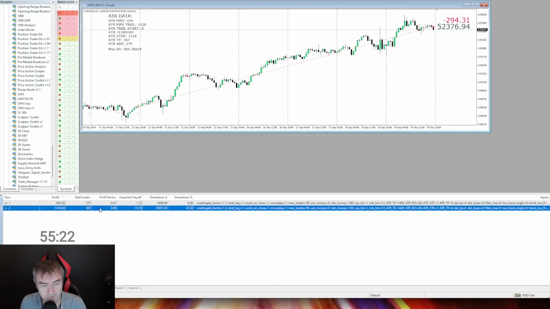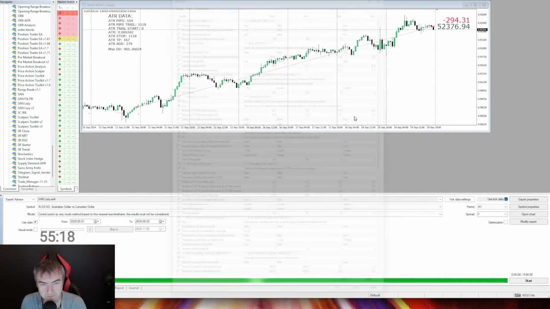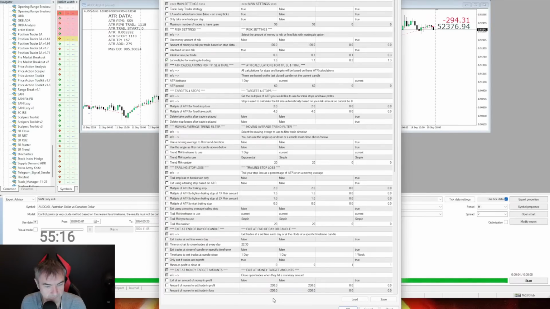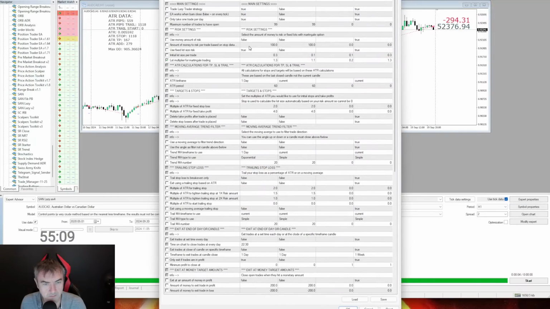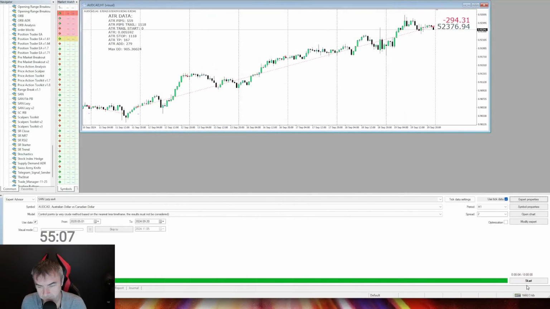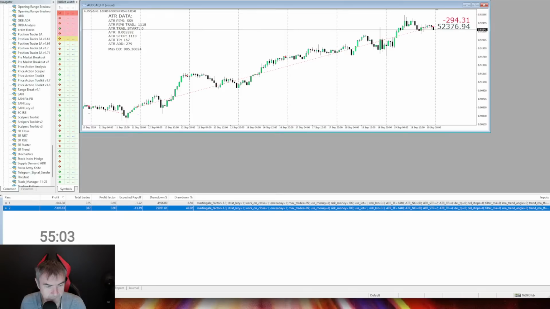Okay, so 5105 on 387. Let me just make sure that's putting the right parameter in. 1.3. 5105, 387.